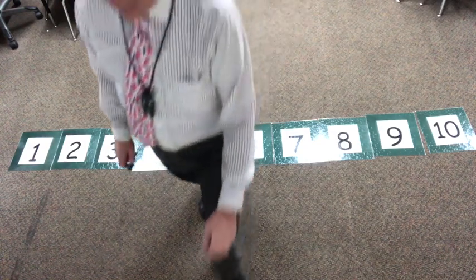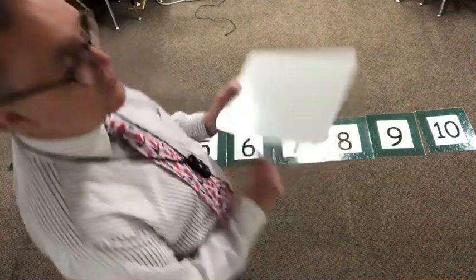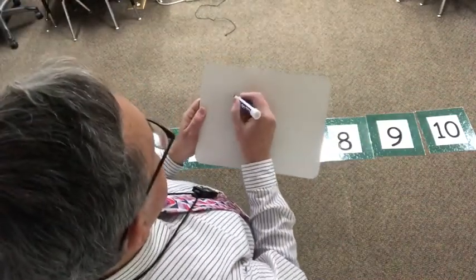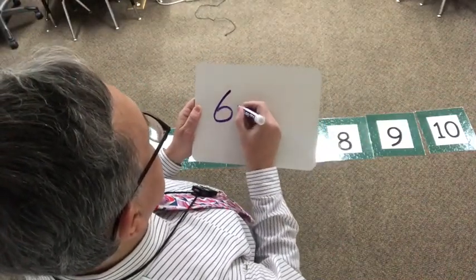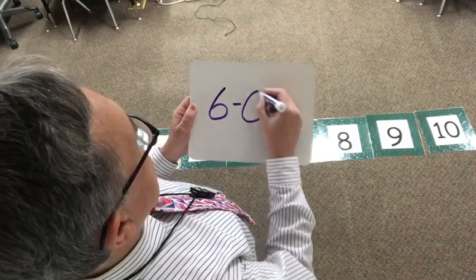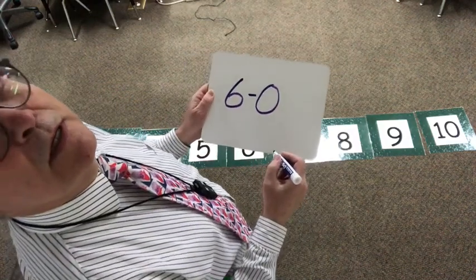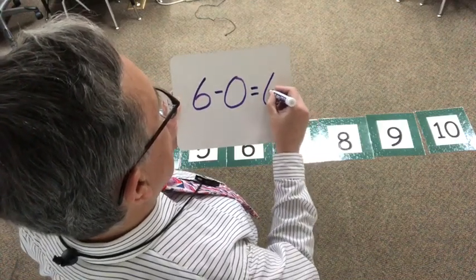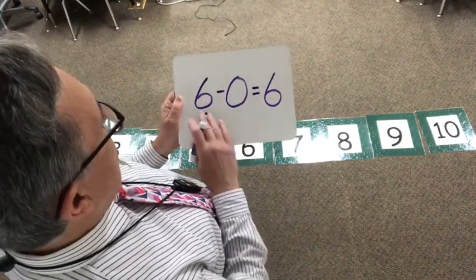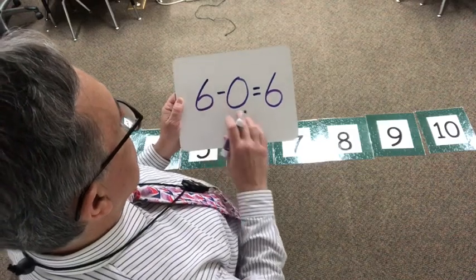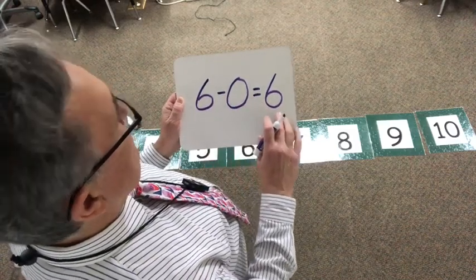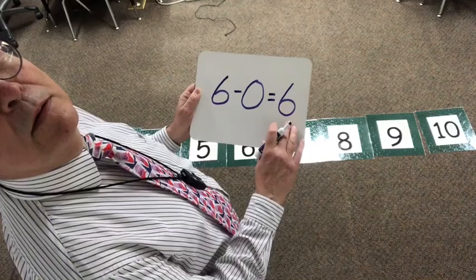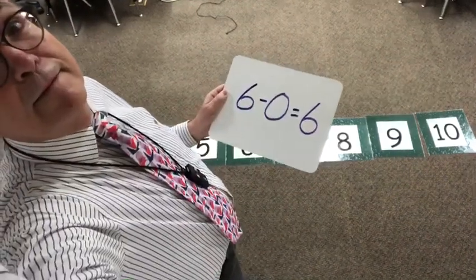And so what am I saying with subtraction? Watch this. 6 pine cones, take away 0 pine cones. That equals 6. He still has 6 pine cones. 6 minus 0 equals 6. How do you like that?